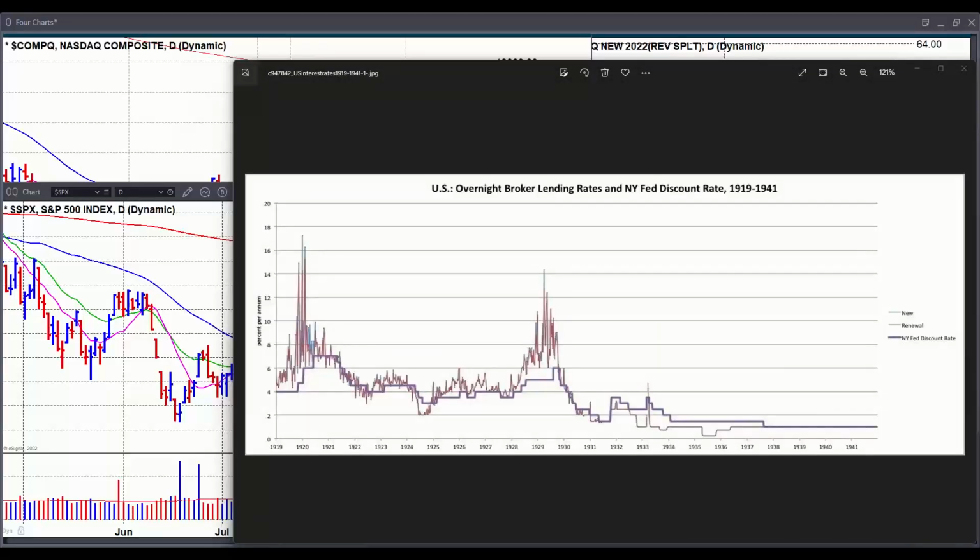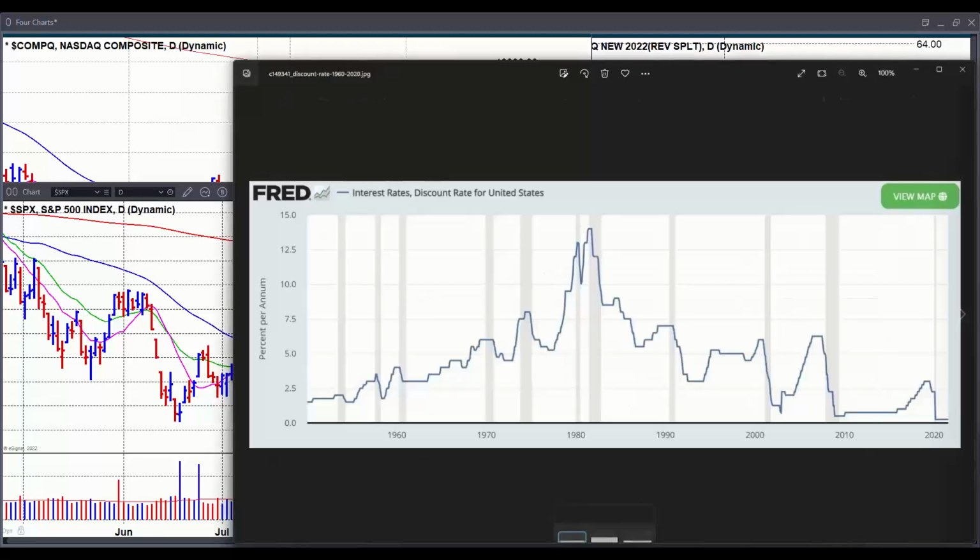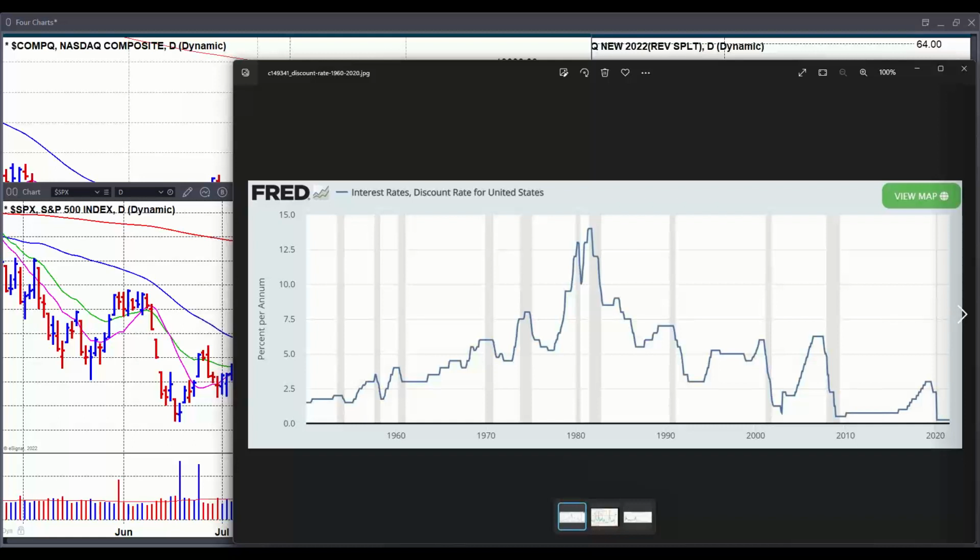And so the Fed had to reduce rates several times before the markets found their major lows. So today's market obviously sits atop a massive bubble, probably the mother of all bubbles, even when compared to 1929 or the year 2000 dot-com bubble. So it's possible that after the Fed is done raising rates, markets could still continue to fall.